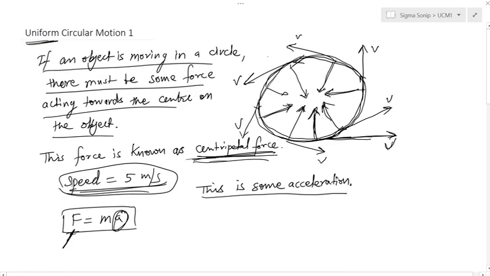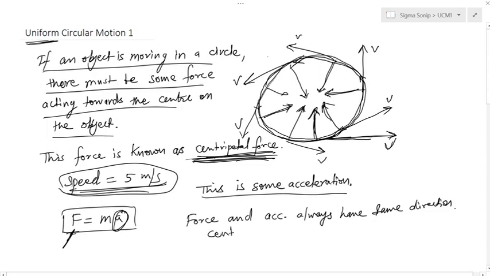So if the centripetal force is there, it means there will be some acceleration as well. And we also know that force and acceleration always have the same direction. Therefore this acceleration is known as centripetal acceleration.